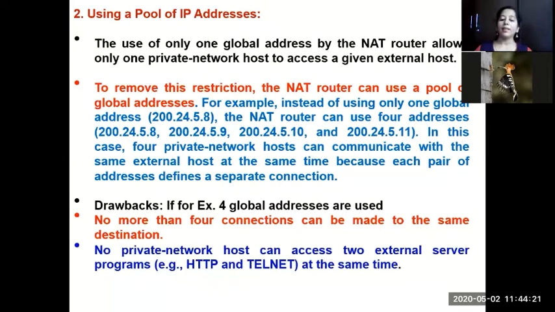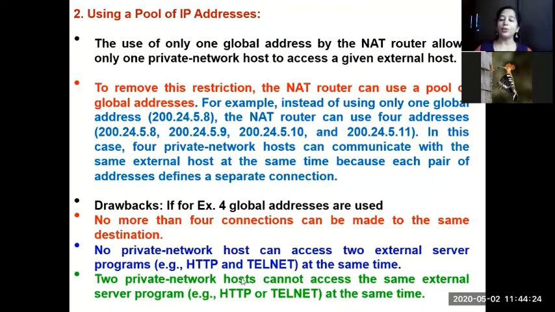And the third disadvantage is, 2 private network hosts can't access the same external server program. In the sense, say I am connected to the internet and my son is also connected to the internet, and both of us are using one common address to the external internet connection. If I am accessing Gmail, my son can't be accessing Gmail at the same time.